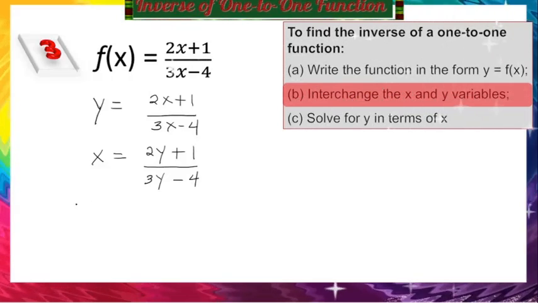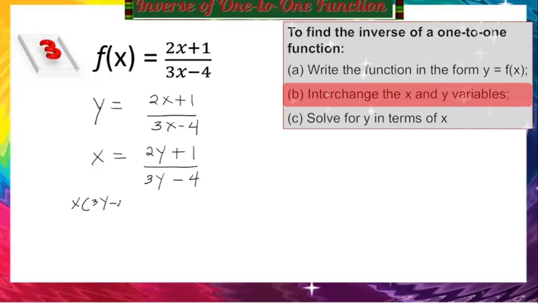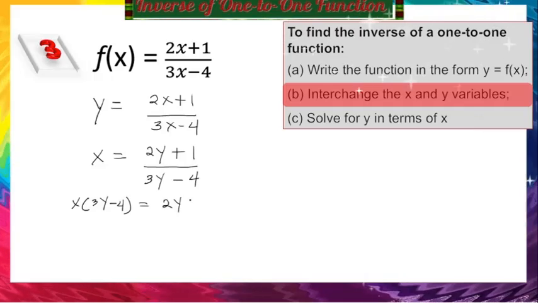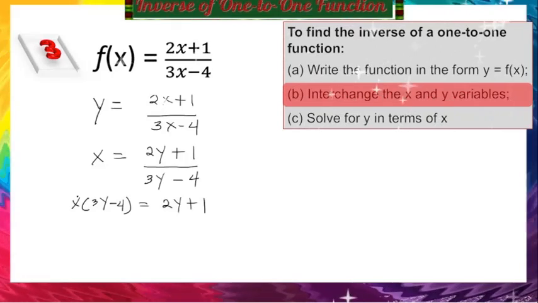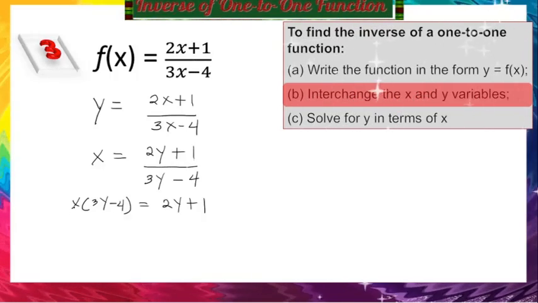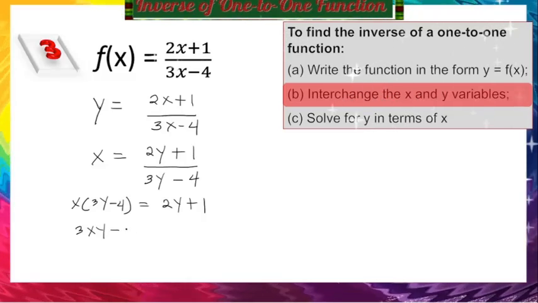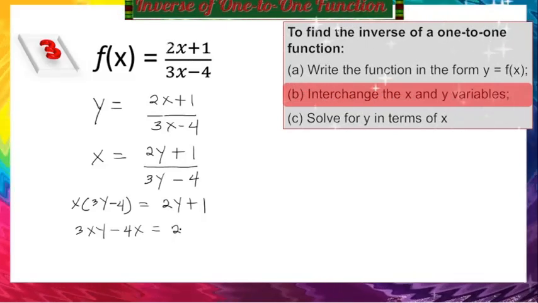So this will become x times 3y minus 4 equals 2y plus 1. Then simplify. You multiply x with the terms inside, so x times 3y is 3xy minus 4x equals 2y plus 1.